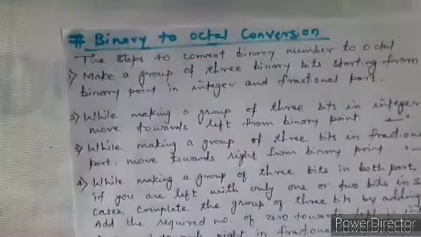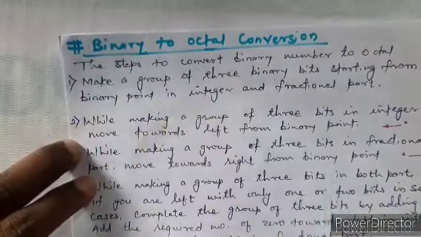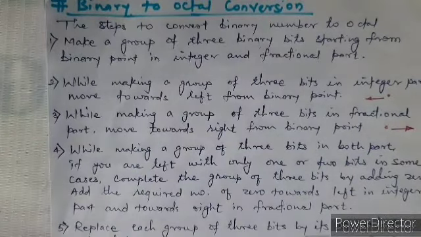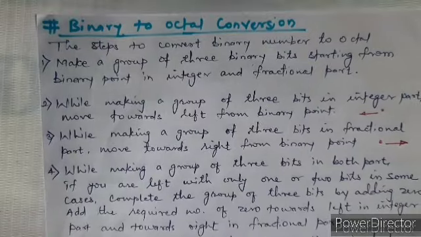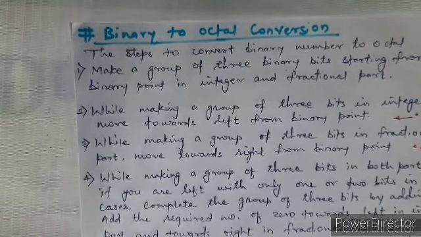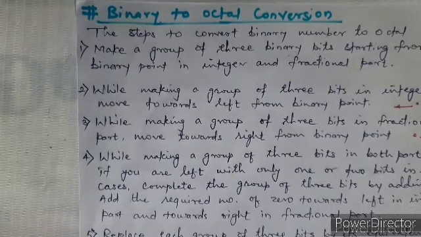Okay, so the next type of conversion is binary to octal conversion. Now again, this is a very easy type of conversion, right? So let us first see the steps, and while looking at the steps, we can go for some more concepts related to binary and octal.